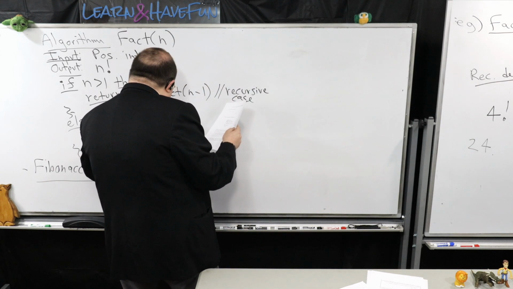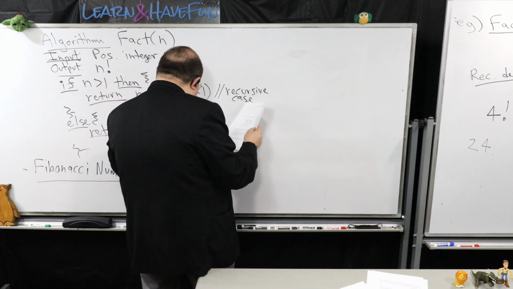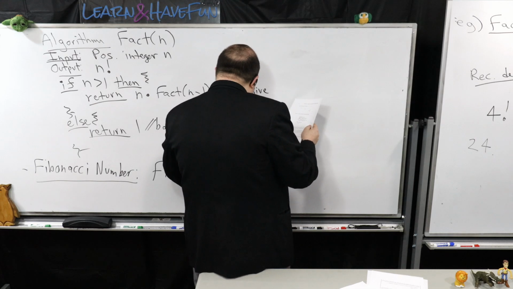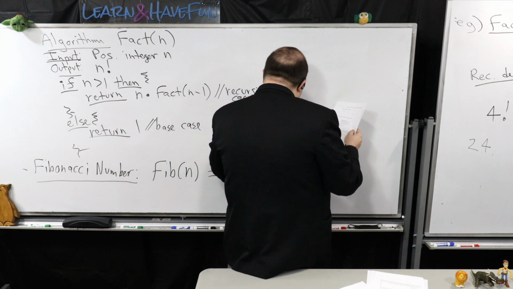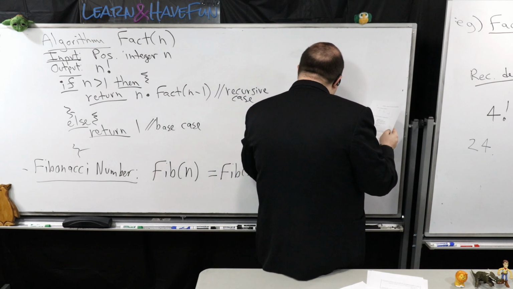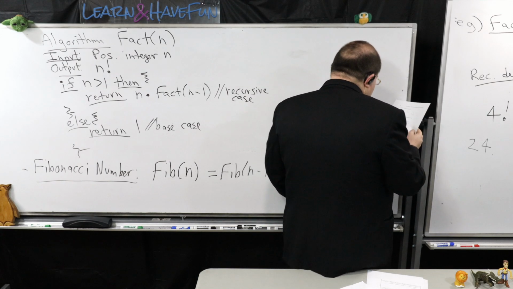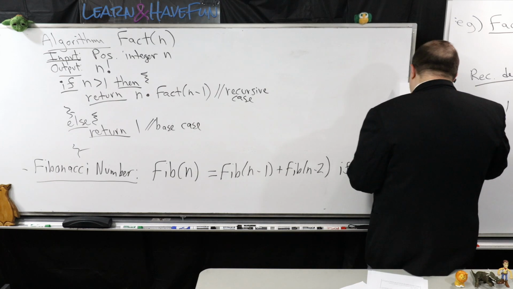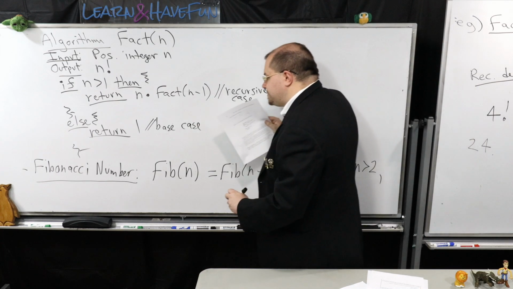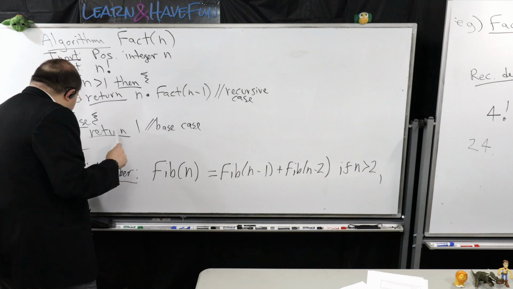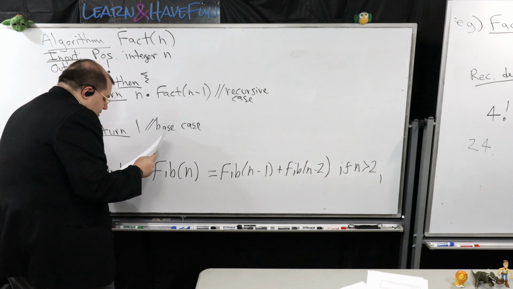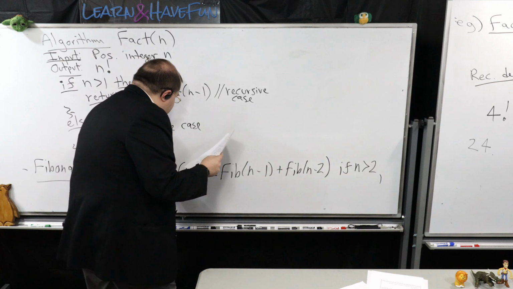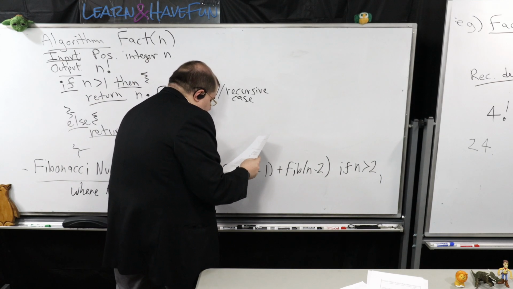The way you can define it recursively is that fib of n is fib of n minus 1 plus fib of n minus 2, if n is greater than 2, where fib of 1 is equal to 1 and fib of 2 is equal to 1.